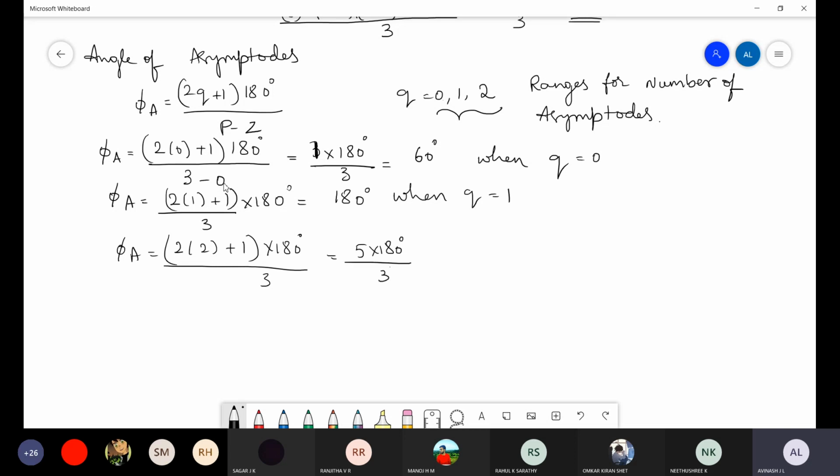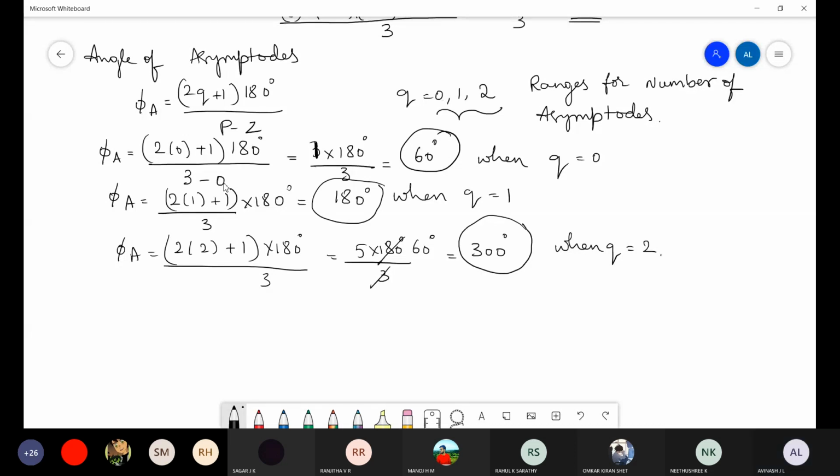So 60 degrees into 5 is 300. So 300 degrees when q equal to 2. Now three angles of asymptotes we have found: 60 degrees, 180 degrees, and 300 degrees.